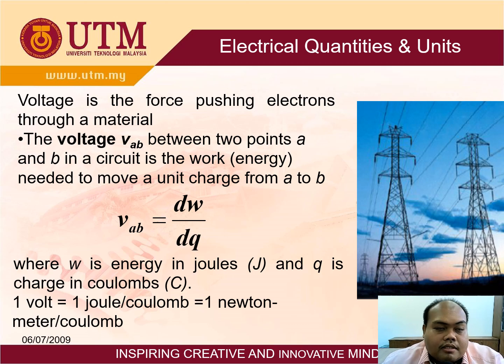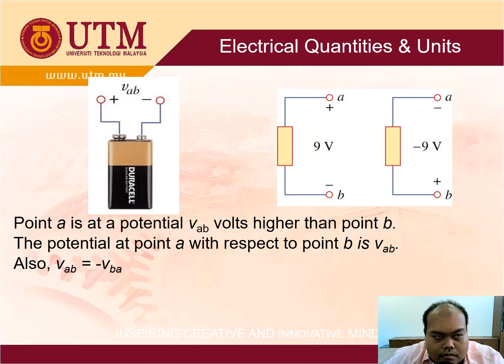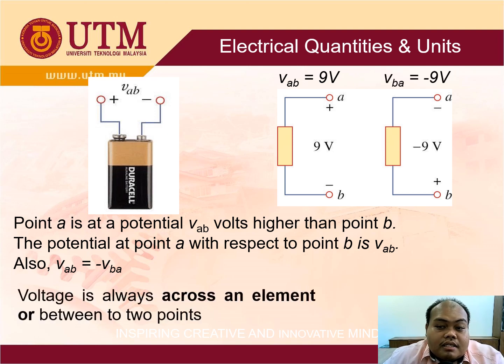Move the charge. Another important part in voltage, you need to differentiate between VAB and VBA. As you can see here, if VAB is 9 volt, then VBA is negative 9 volt.